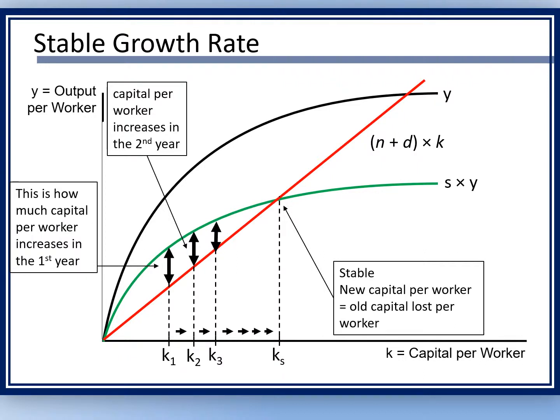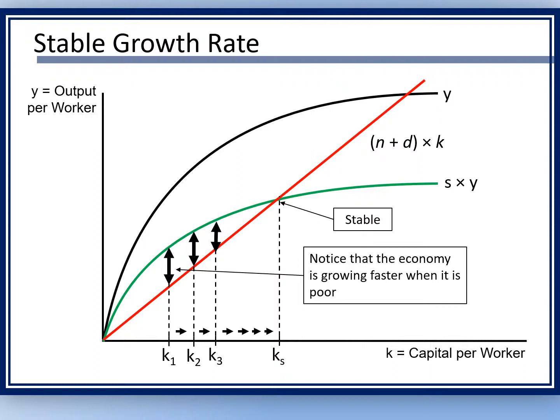At this point, the savings is just offsetting the loss in capital due to population growth and depreciation, which means we are not getting richer per worker, right? Whatever we produce just offsets what we need to give to our kids and the loss to depreciation. Right, so the stable output per worker is given by the black line.